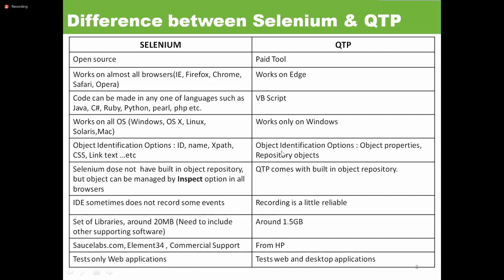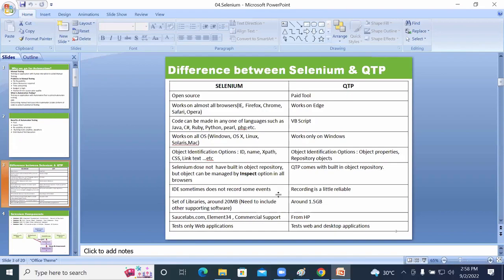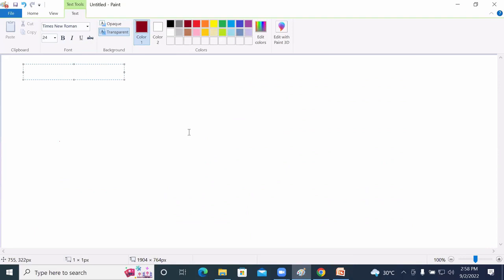What exactly does this mean? How exactly can we implement this object identification? First, we'll try to understand what exactly is the meaning of object identification and why it came into the picture while working with Selenium automation.